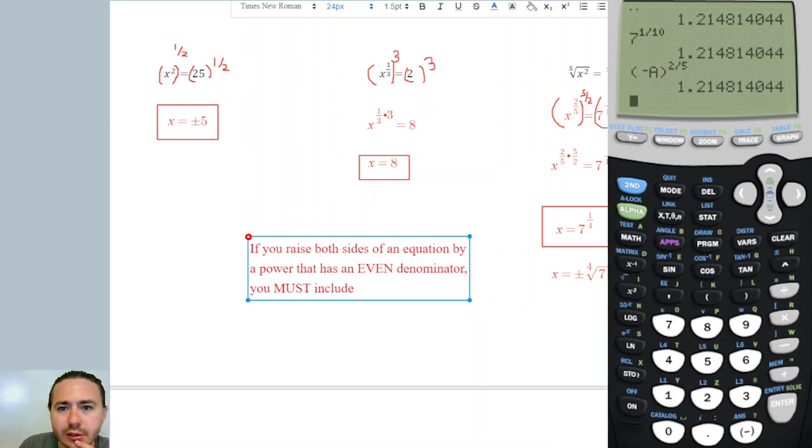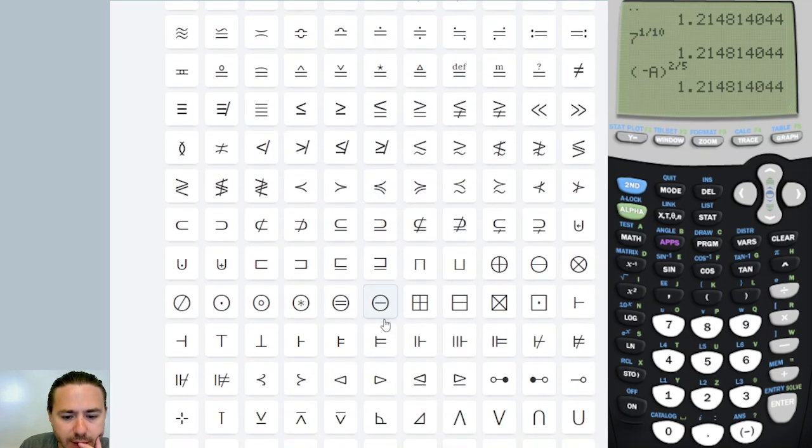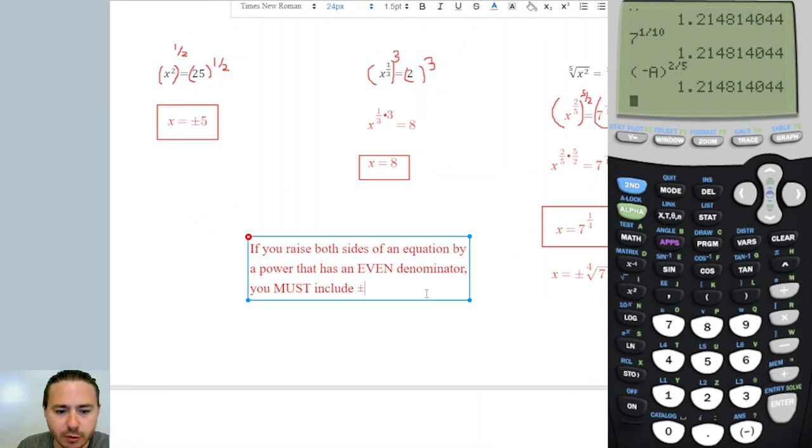I'm going to go over my little cheat sheet here with all my symbols. Where's my plus minus? Okay, very good. So this is like if you take the square root, the fourth root, sixth root, that sort of thing.